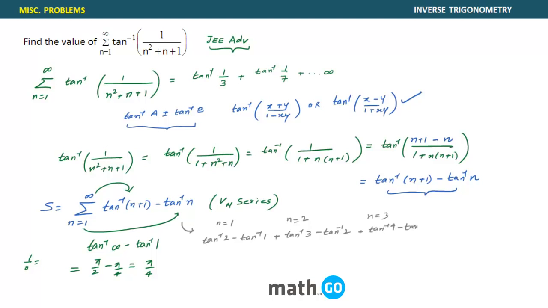This is minus tan inverse 3, so this cancels out with this, cancels out with this. All of these terms will similarly cancel out. The last term that will remain will be tan inverse infinity, and this particular term, tan inverse 1. That is the reason we are saying tan inverse infinity minus tan inverse 1, which is nothing but pi by 4, which is the answer. So remember the pattern, how we have solved these kinds of problems.